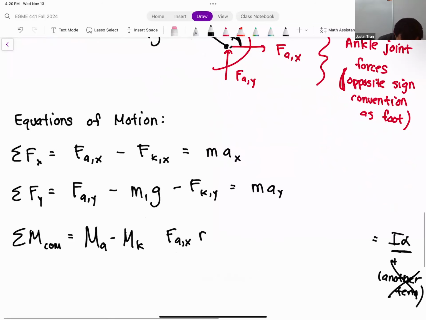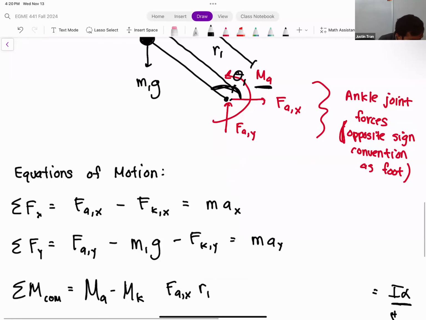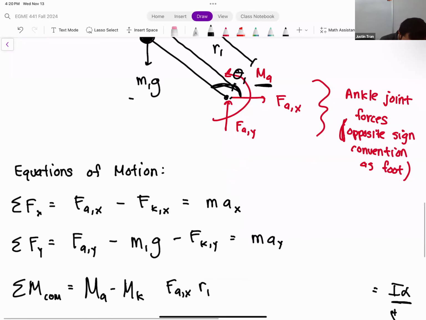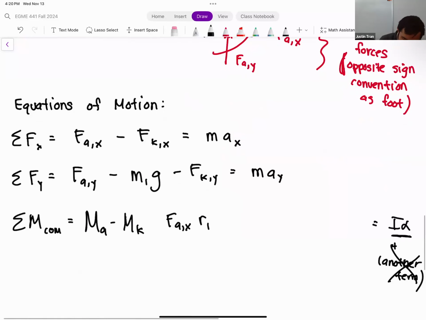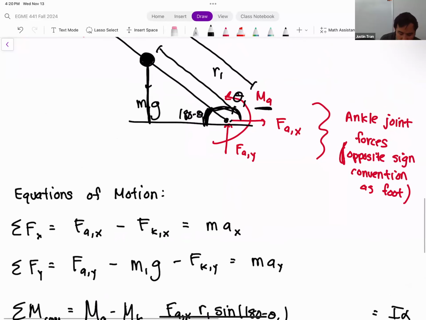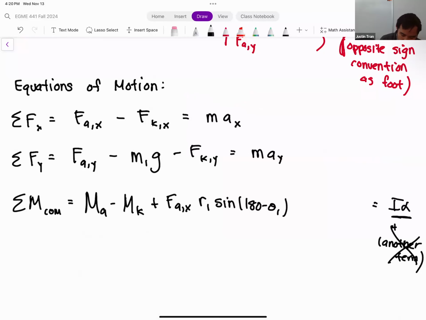So that's R1 times, let's see, what did we say? All right, so I'm going to go ahead and draw this triangle here. So that this triangle here has an angle of 180 minus θ1. Okay, just like that. Okay. And so if we look at this, the vertical distance there is sine of 180 minus θ1. Okay. And if we look at the direction here, that is going to go in the counterclockwise direction. So that's going to be a positive. Okay.